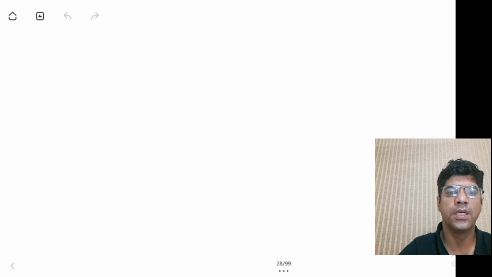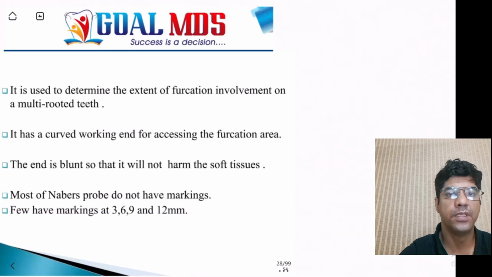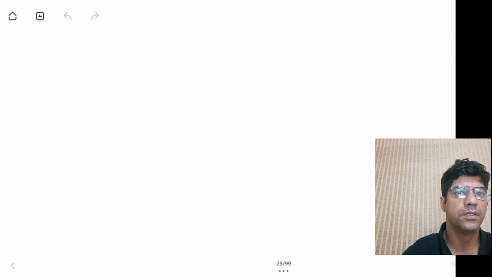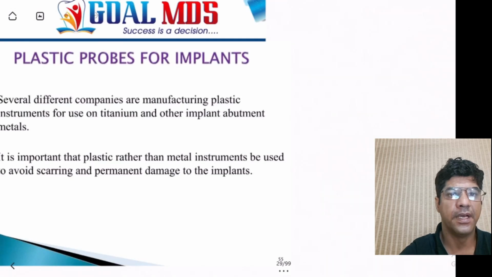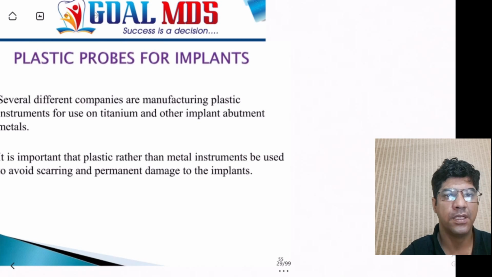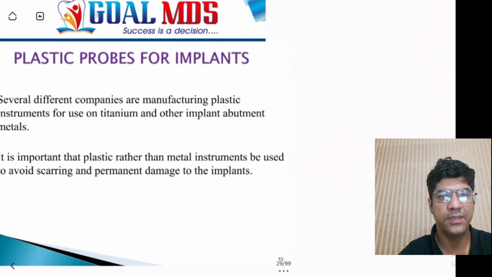The other are the plastic probes. The plastic probes are used for dental implants. They are used to assess the pocket depth around the dental implants.